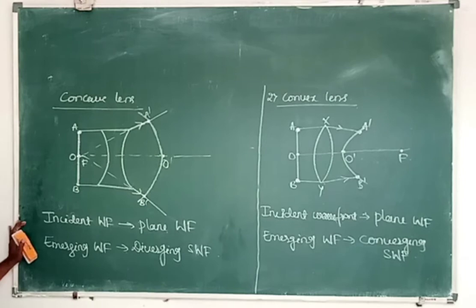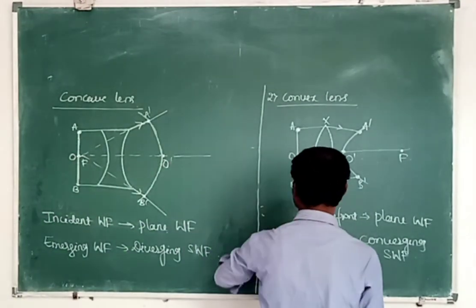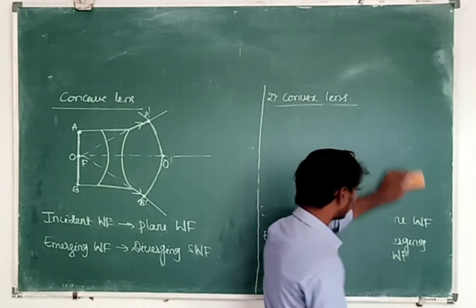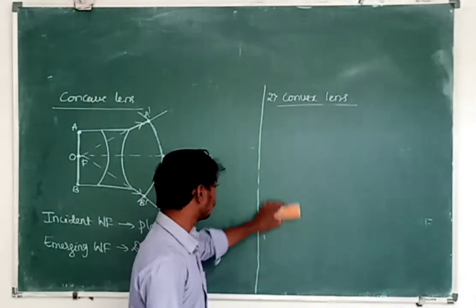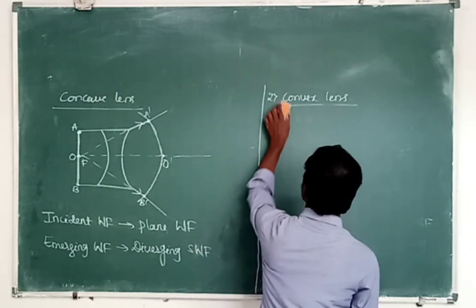So convex lens can produce the emerging wavefront that is a converging spherical wavefront, but concave lens can produce the emerging wavefront as a diverging spherical wavefront.